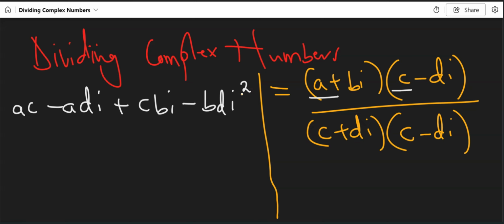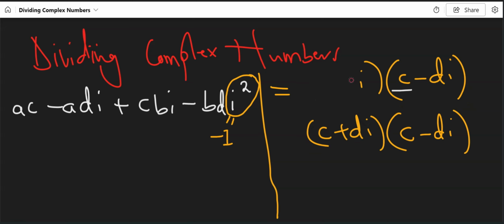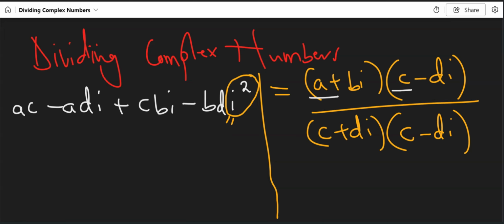But remember, i squared in complex numbers is equivalent to negative 1. Let me redo that process. As I said, i squared is negative 1. Then this is the numerator.